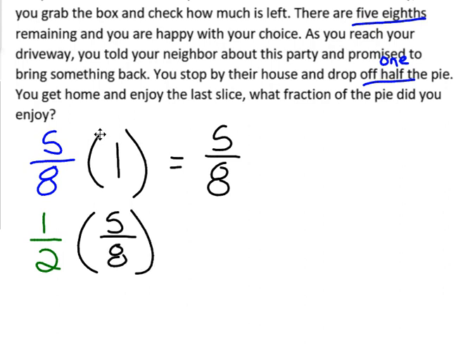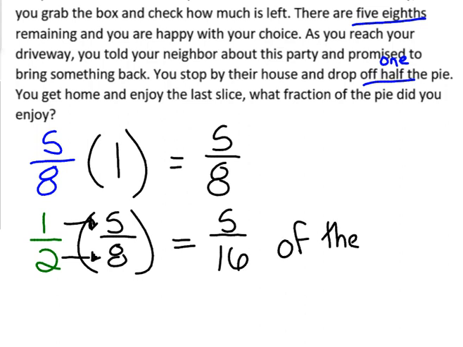So after we multiply this together, it should give us the remaining part of the pie. So we're going to multiply across the top, multiply across the bottom, so we get 5/16. So this is the fraction of the pie that you enjoy. You get 5/16 of the pie. Very nice, very nice.